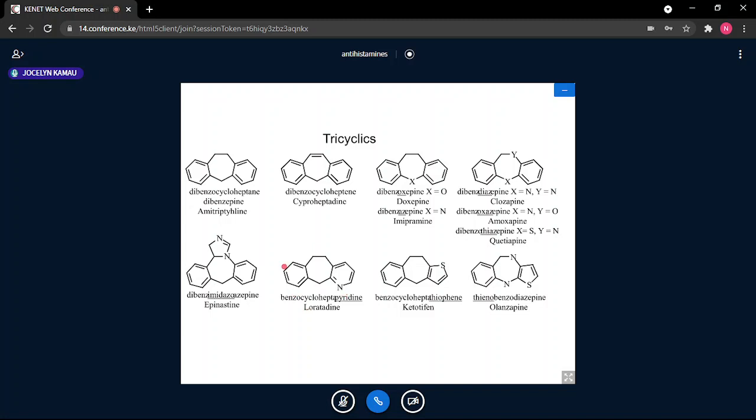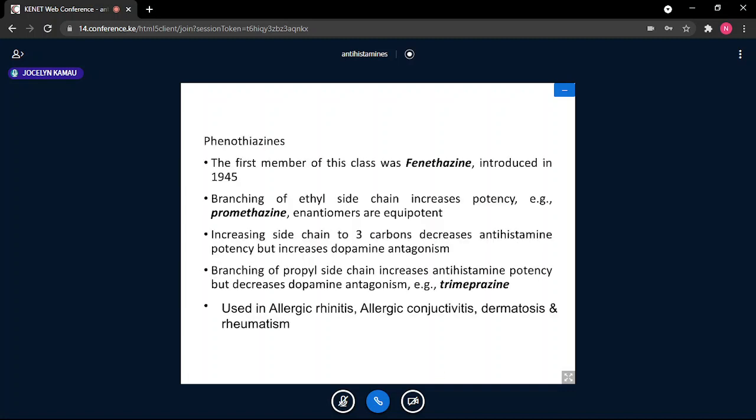So we'll get examples of the benzocycloheptapyridine and the benzocycloheptathiophene. And then, of course, we'll also look at the phenothiazines.